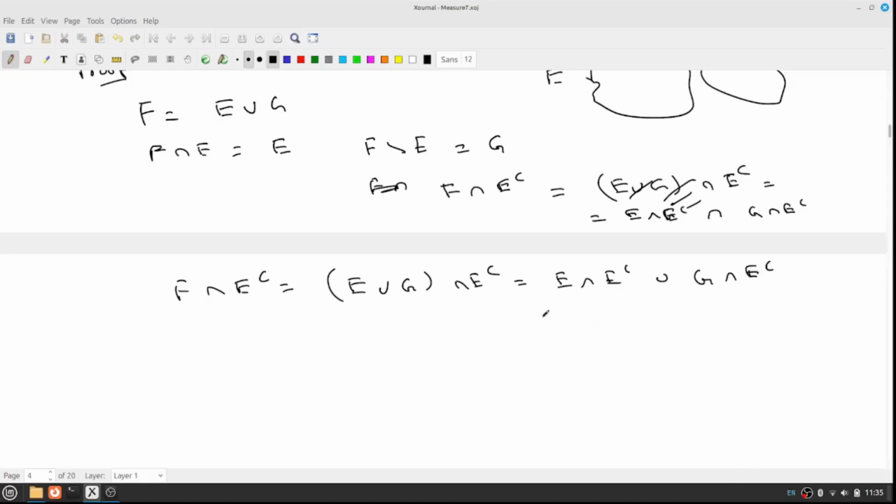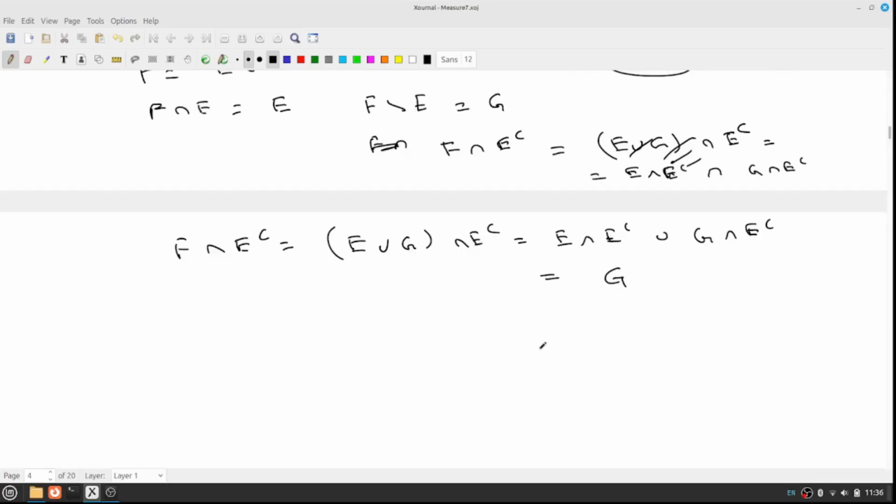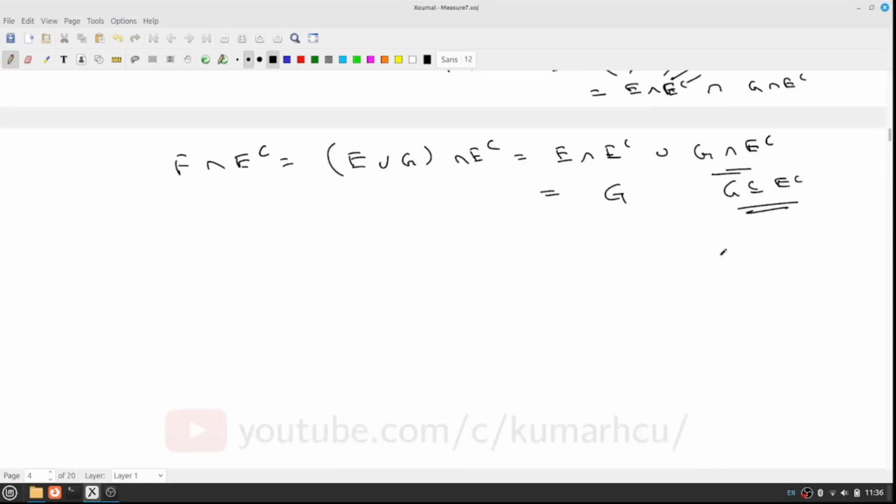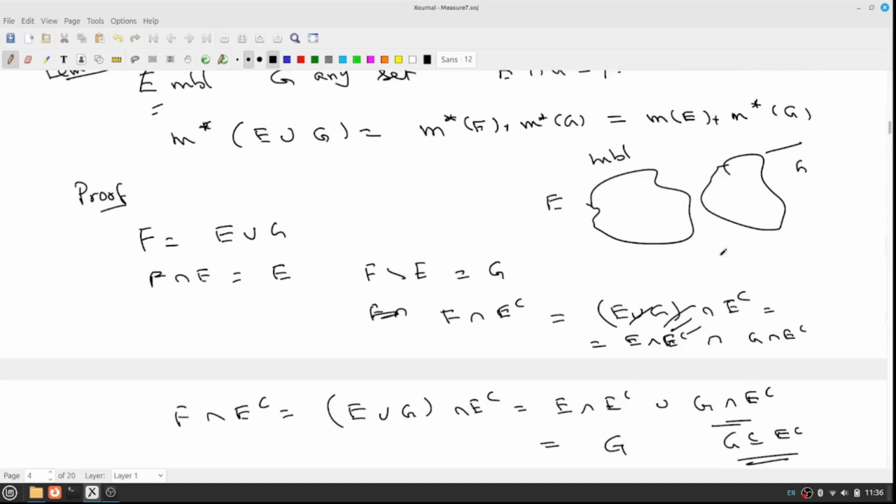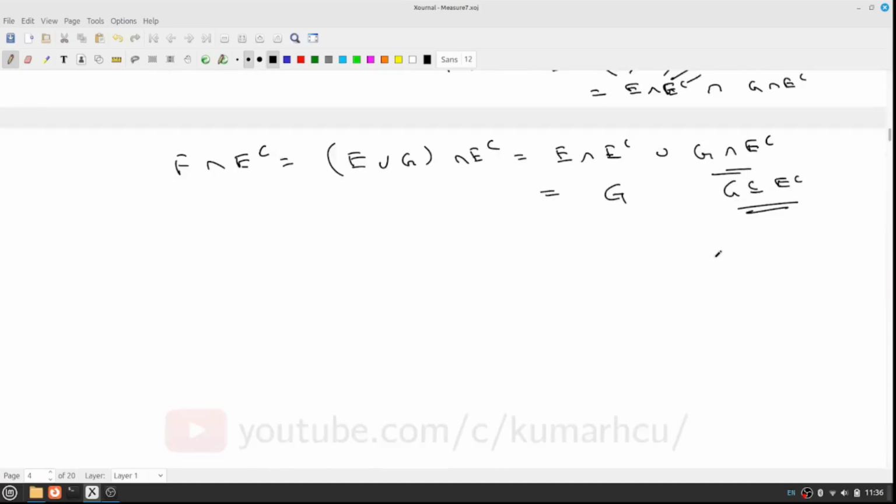This first part is empty, and this is going to be only G, because remember, G is contained in E complement. Therefore, G intersection E complement is G. I am just going through it, so that you do not accept this kind of thing automatically.